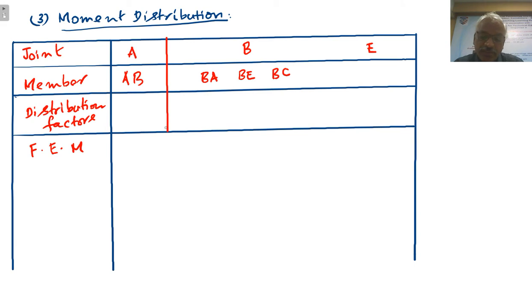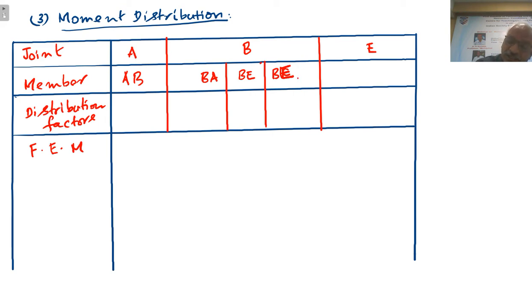Now B has got 3 members, so for this you have to separate this like this. This is B and that is E. The vertical member BE you can mark here, because we are not going to distribute anything to BE.